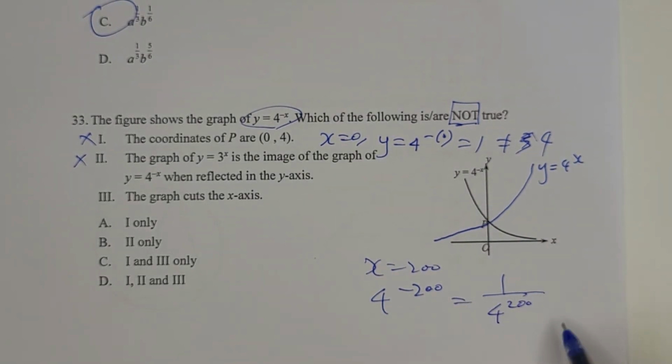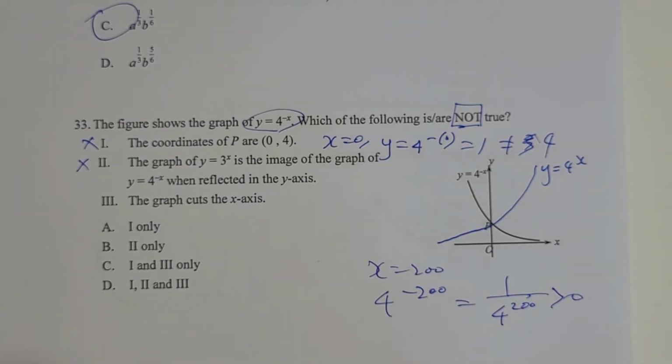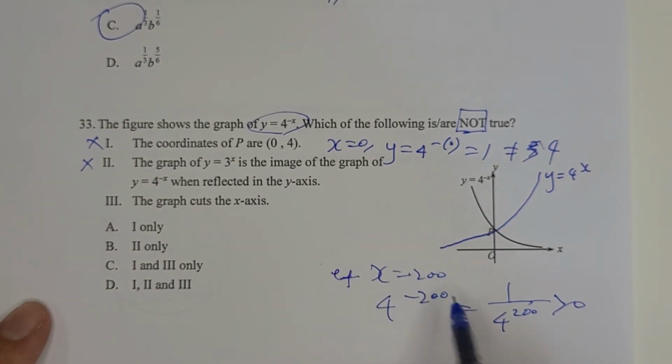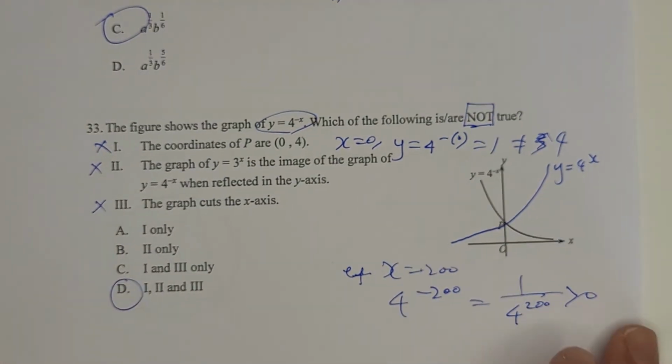No matter how small it is, it's still positive. That means it would not touch the x-axis. No matter how big the value of x is, it's still positive. Okay, so statement 3 is not correct. And final option D, because these three statements are not correct.